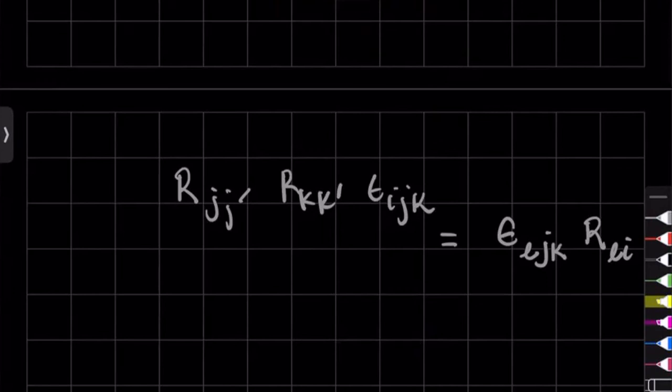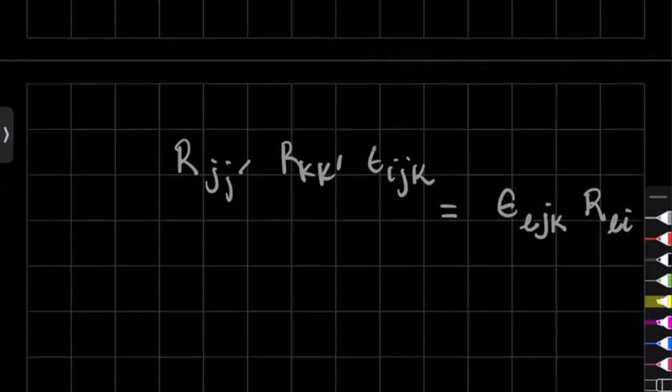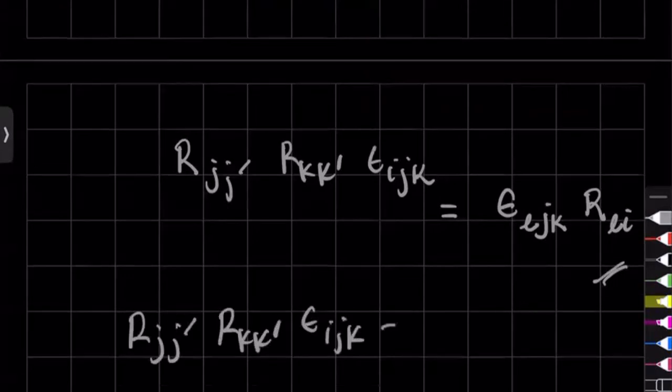So the idea is, if I now apply the inverse matrix over here, I should get R J, R K K prime, epsilon IJK is equal to epsilon LJK, R LI, and R MI.